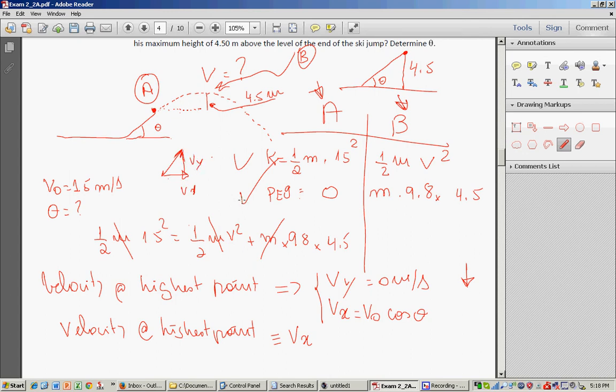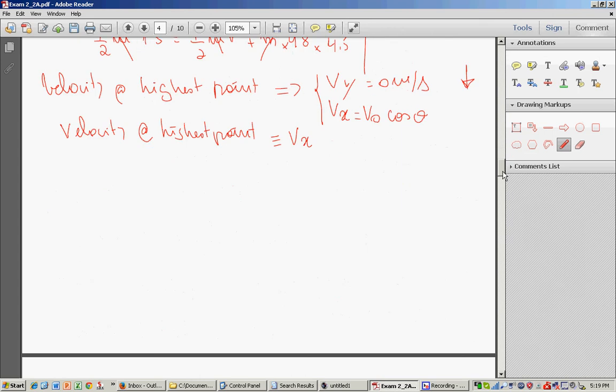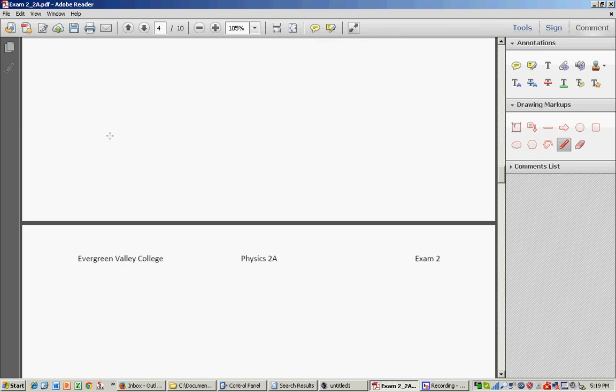Because velocity at any part of the curve can be projected into Vx and Vy. In the beginning, at exactly point A, I have my initial velocity, and I have my Vx, which is V naught cosine theta, and my Vy, which is V naught sine theta, whatever that theta is.